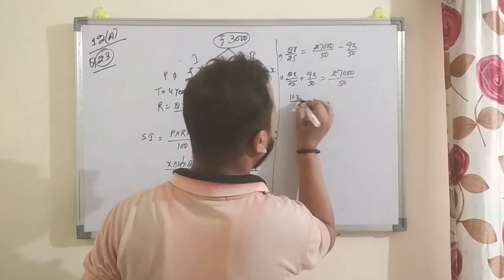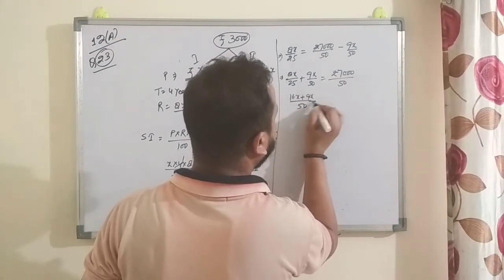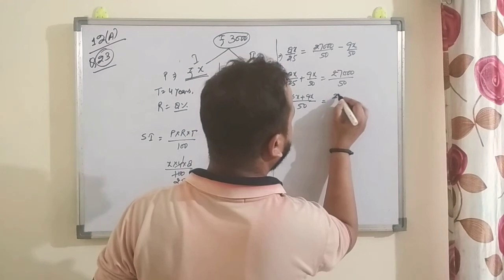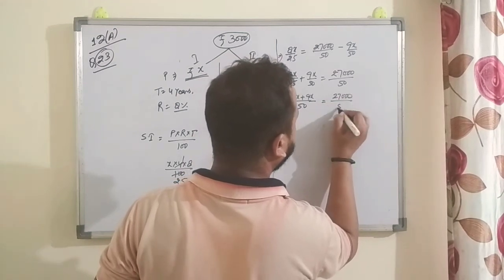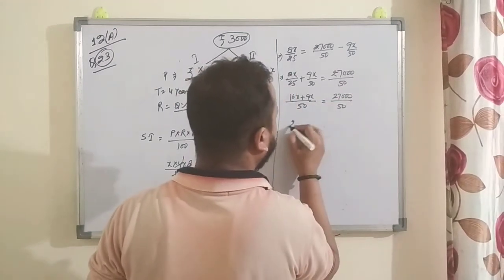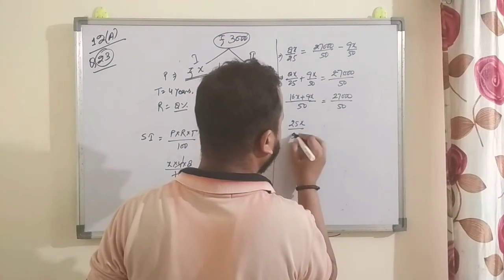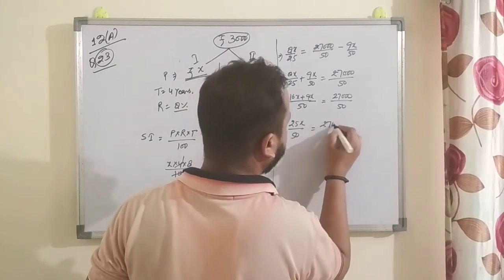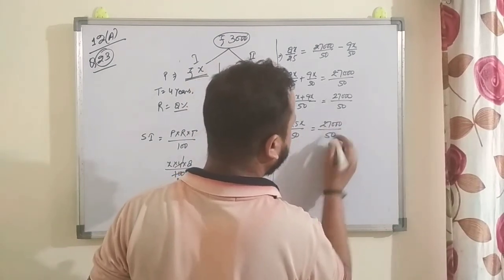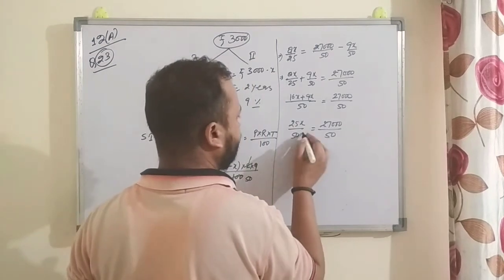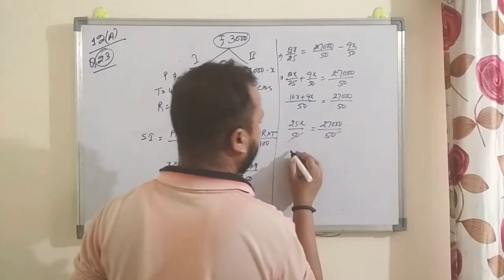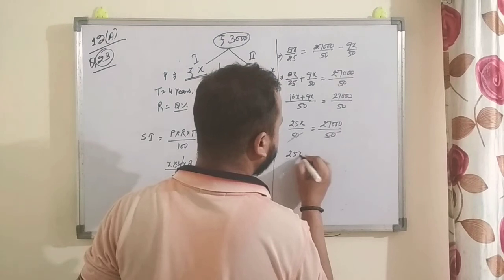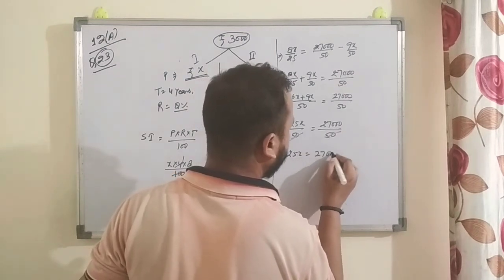So 16x plus 9x is equal to 27,000 upon 50, right? Here 25x upon 50 is equal to 27,000 upon 50, right? Here both are the same, so you can easily cancel it out. So 25x is equal to 27,000.